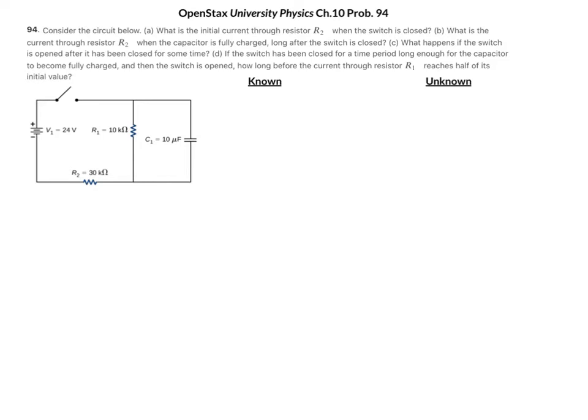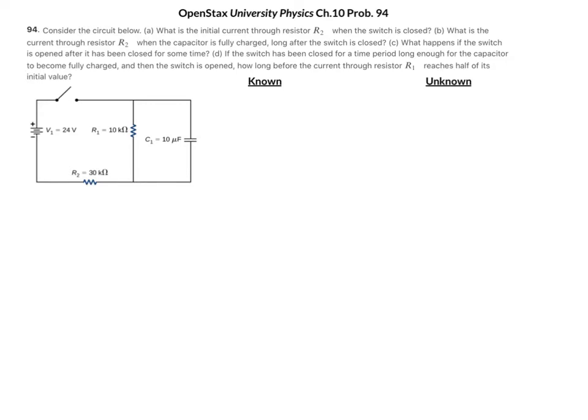So when the switch has been closed for some time, it will get harder and harder for the current to go through the capacitor, and the current will split up between the capacitor and the resistor. A long time later, the capacitor will be fully charged. It will act as a broken wire, so the current will only go through resistors R1 and R2 in this little circuit.